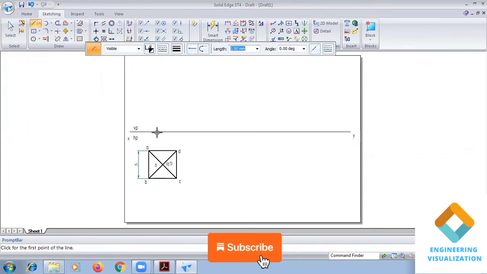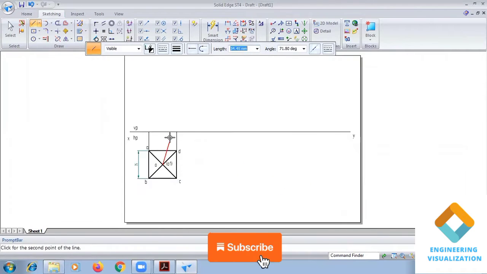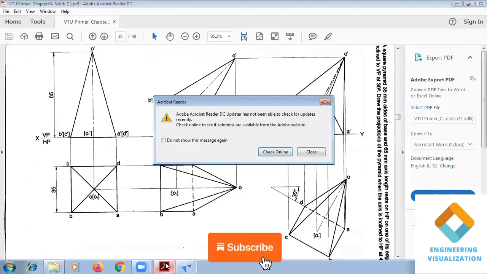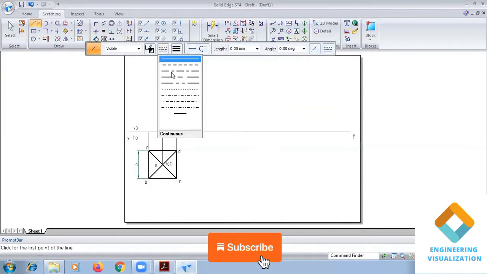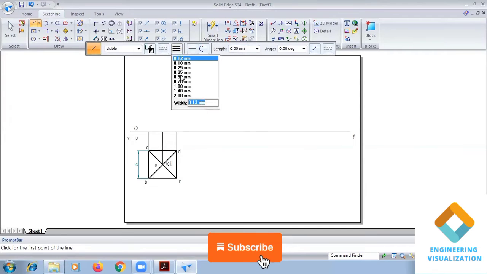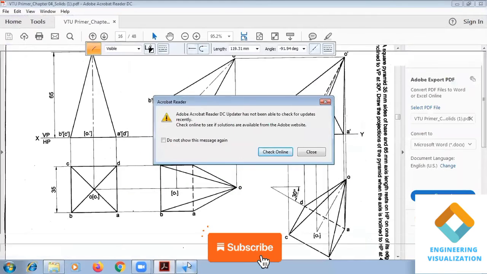Now projection lines. Okay, we know that the front view of a pyramid is a triangle. So dimension we have 65.